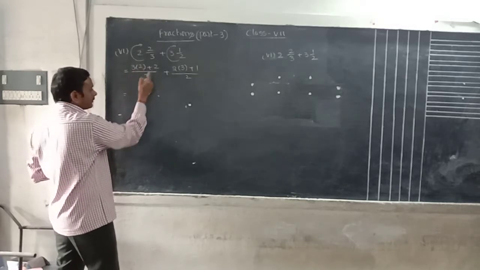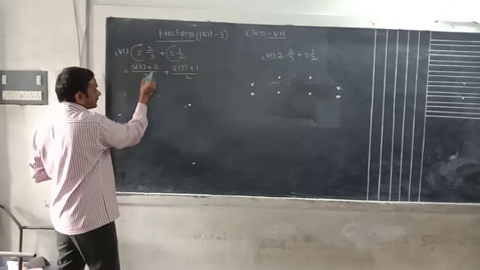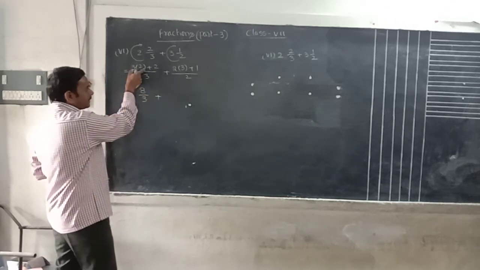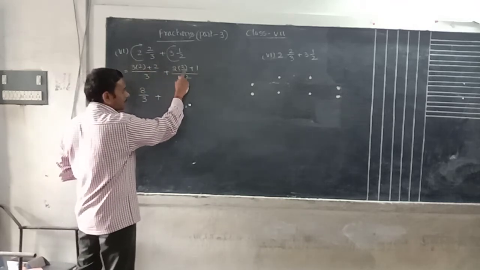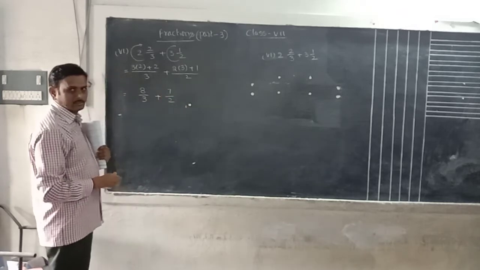Multiply these two, add it. 3 2s are 6, 6 plus 2 is 8, so 8 by 3. Plus multiply these two and add 1. 3 2s are 6, 6 plus 1 is 7. 7 by 2.